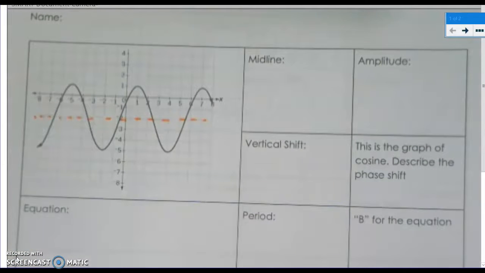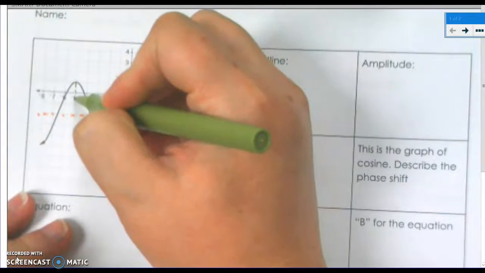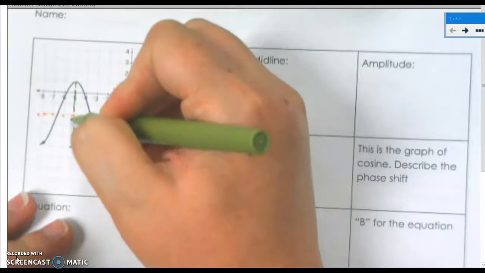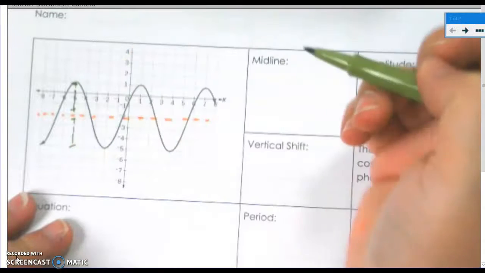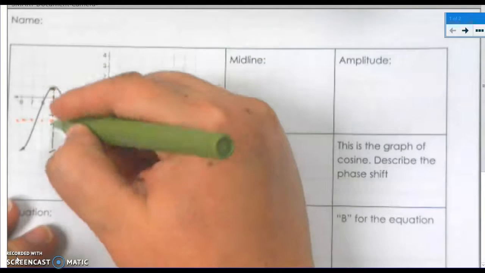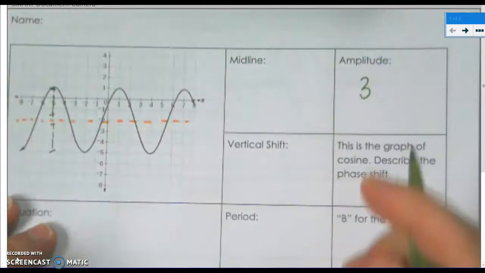I can tell that I did that part correctly if this distance should be the same as this distance. So that is my amplitude, that distance between the minimum and the midline, and the maximum and the midline. So my amplitude is 3.